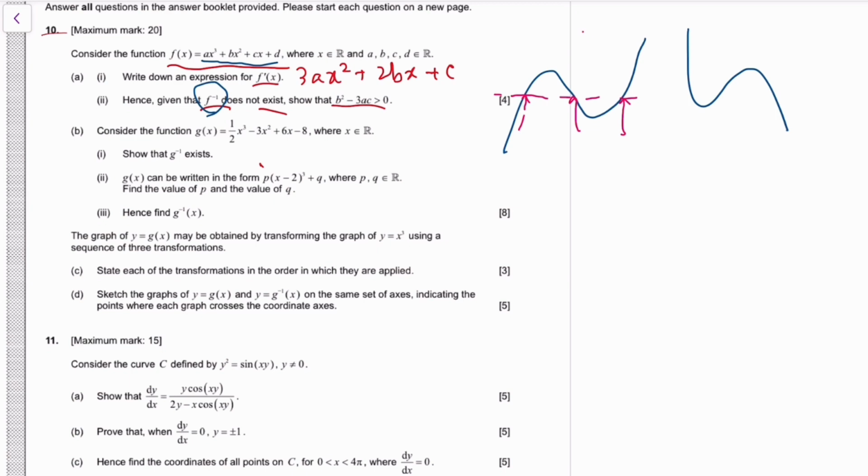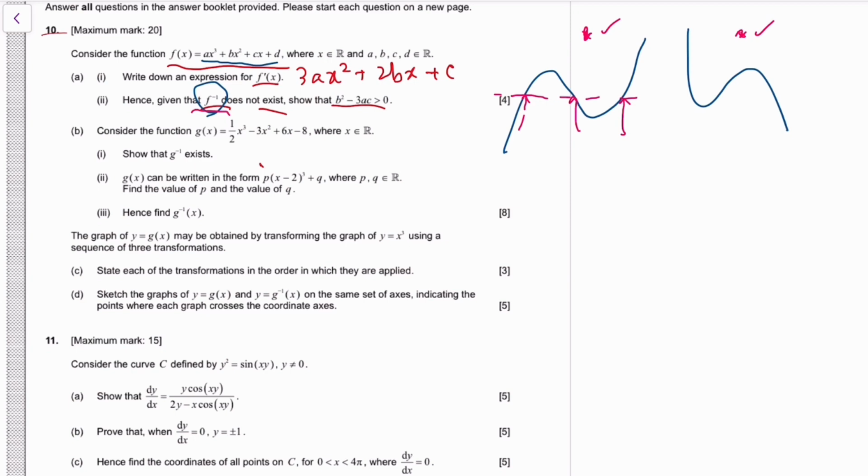So you don't want these two to exist. Sorry, you do want them. It's the opposite. You actually don't want the inverse to exist, so you need these two cases. And in order for these two cases to exist, you need the graph to go up and down. Some part of the graph should be increasing, some part decreasing.